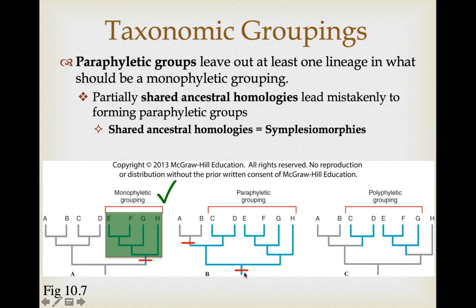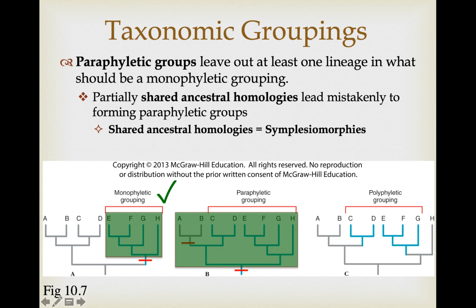So if you use those ancestral traits, you'd be using shared ancestral homologies to say lizards and dinosaurs, non-avian dinosaurs, and snakes and turtles all belong to the group, the reptiles, to the exclusion of birds. And that would be wrong, because reptiles defined that way is not a monophyletic group, it's a paraphyletic group because it leaves out, in this case, A and B, which in this example I'm using is birds.